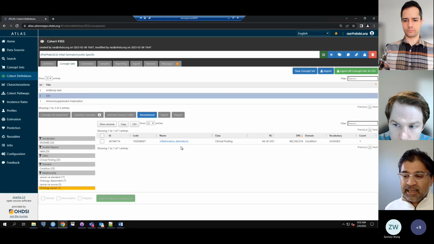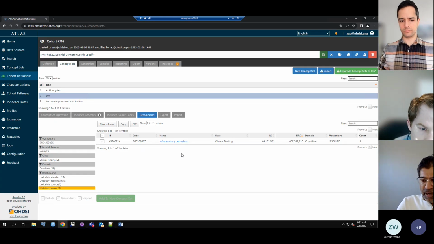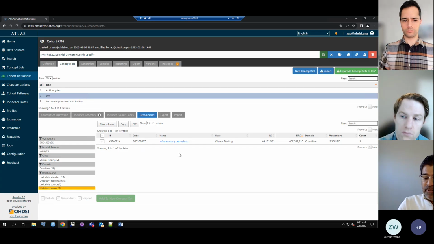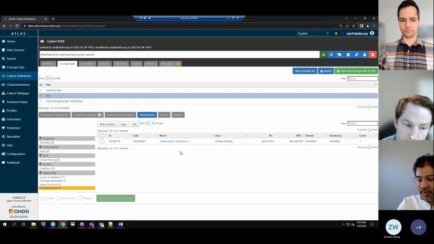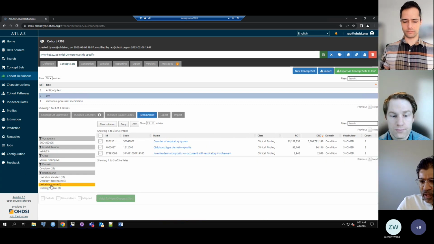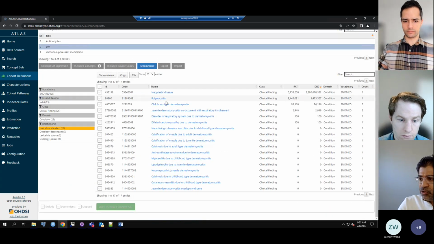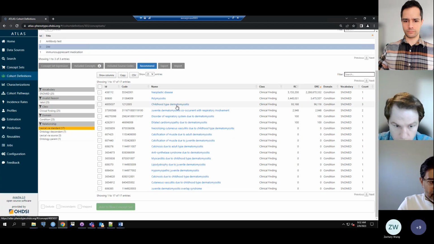Now, I reviewed the clinical idea that you described, and I believe this would not meet your criteria because this is very, very broad. And here you're looking for the clinical idea of myositis and dermatitis, which is not this idea. And then there is this lexical bias standard, and it just shows you polymyositis, but there is this idea called childhood type dermatomyositis.